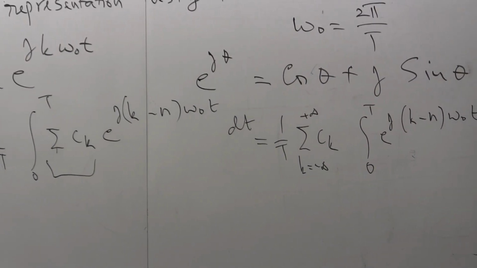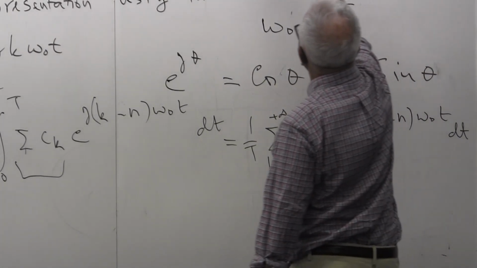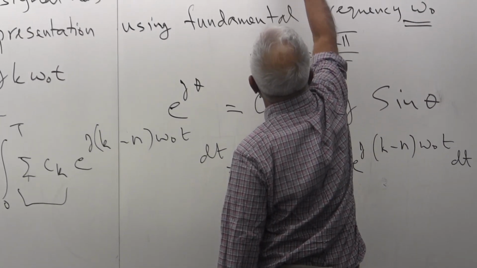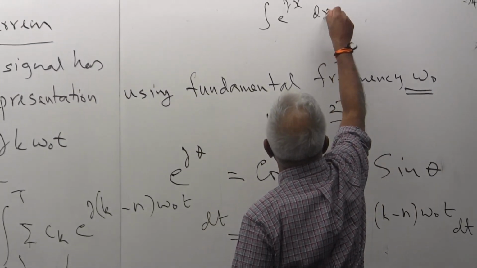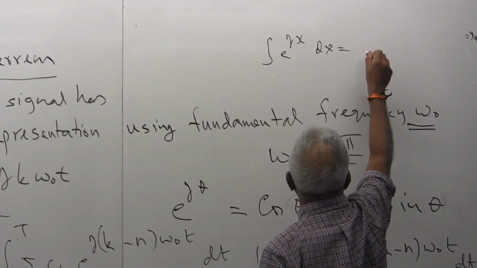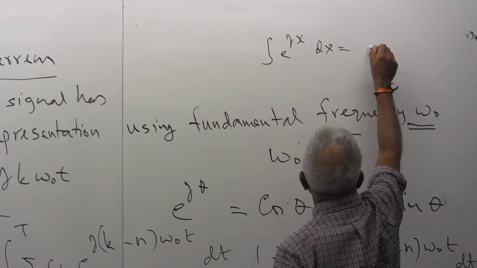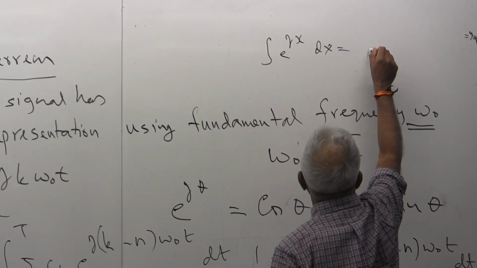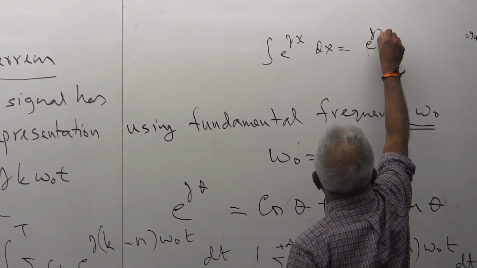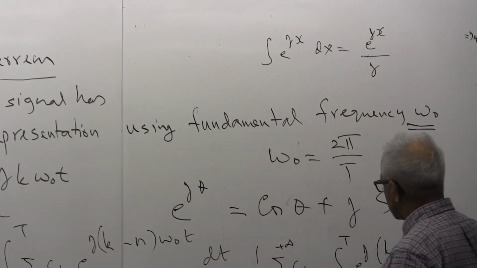So what is the integral of e to the power jx dx? Anybody? 1 over x times 1 over j. What is in the numerator? Minus j times the exponential, e raised to jx over j, right?